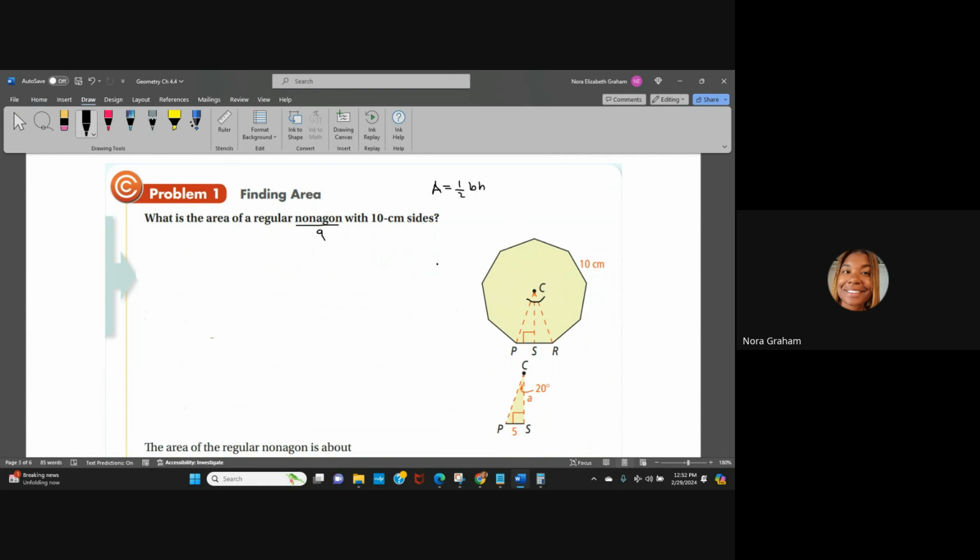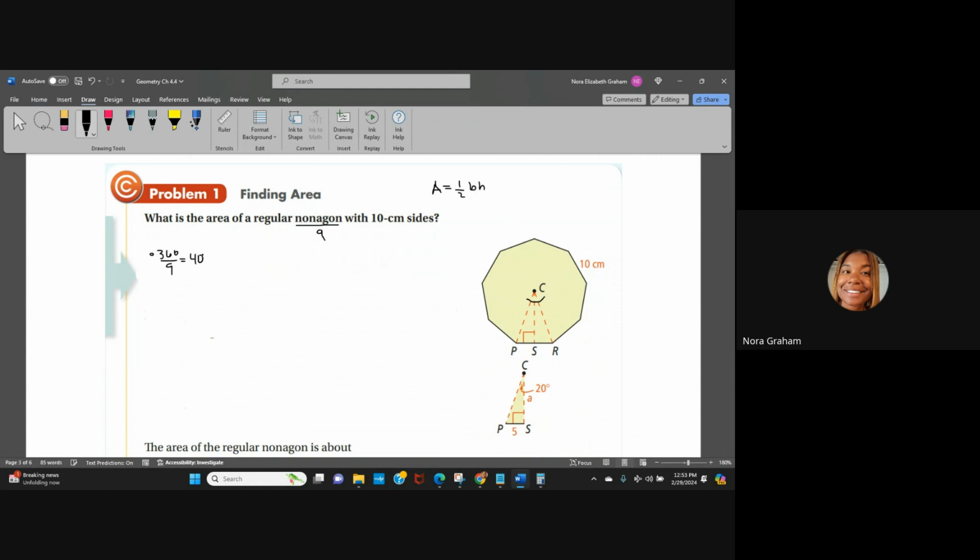So we're going to do 360 divided by how many sides we have in our polygon, which is 9. If you do that in your calculator, 360 divided by 9 gives us 40 degrees, because we are finding an angle.